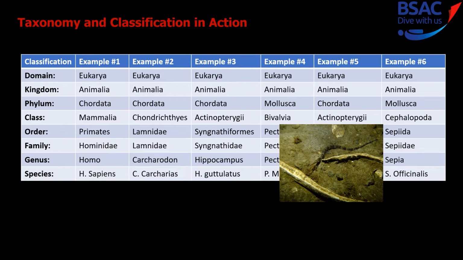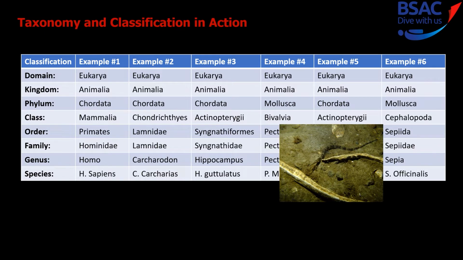And in our last example in this table, we've got a Eukarya and Animalia. It's a Mollusca, but it is now a cephalopod and not a bivalve. And it's of the order of Sepiida, a family Sepiidae, and a genus Sepia.